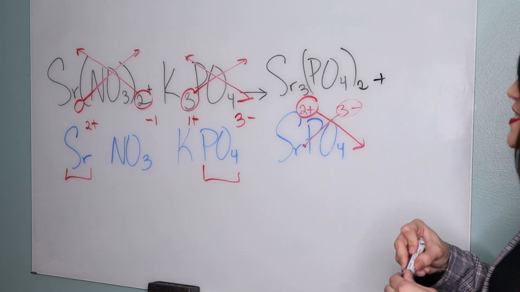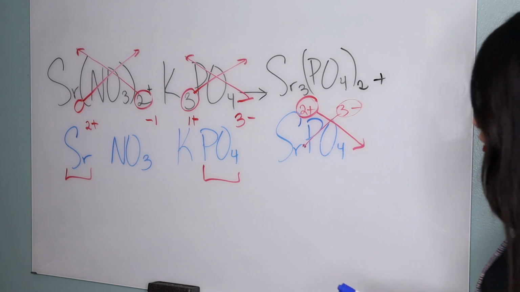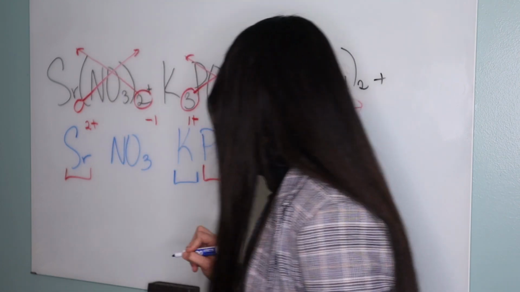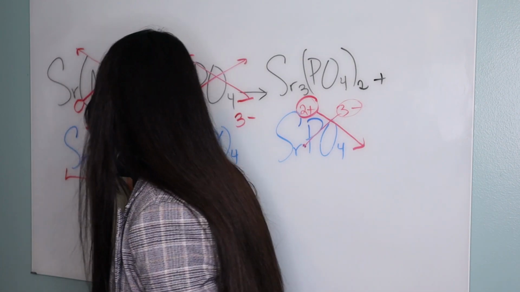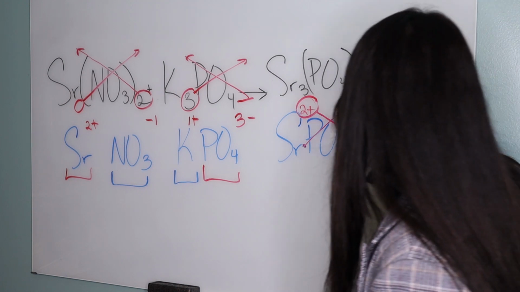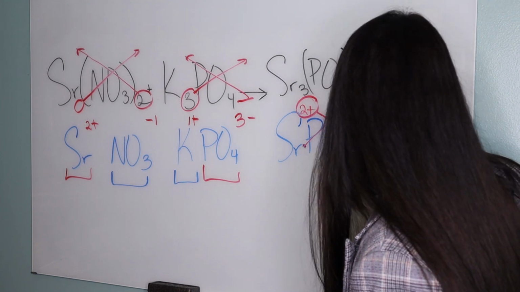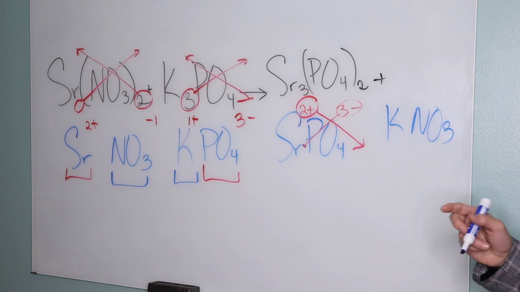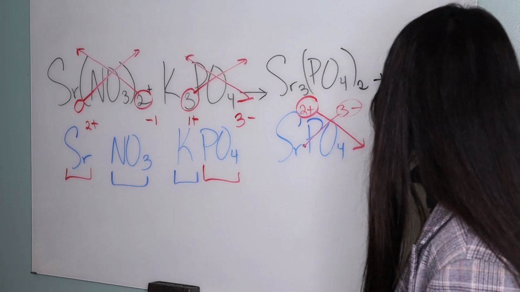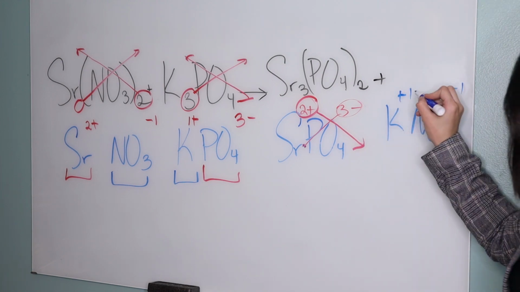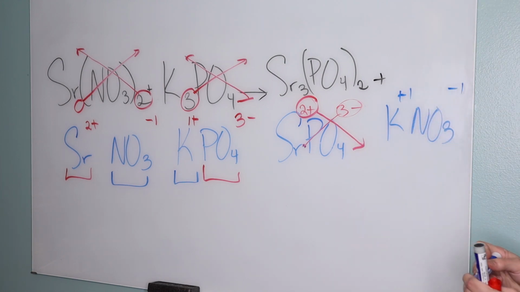To figure out our second product, we're going to be doing the same thing. You're going to be taking the cation of one of the reactants with the anion of the other reactant, and we're just going to be writing them next to each other. And we're going to be writing them with the charges that we've already found out. And then I'm going to take these charges.